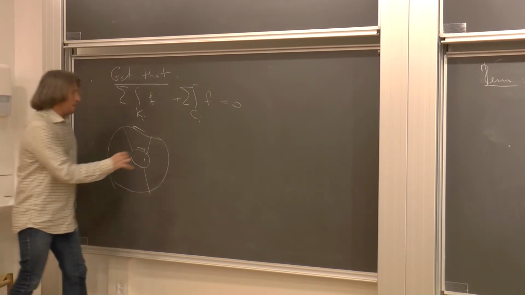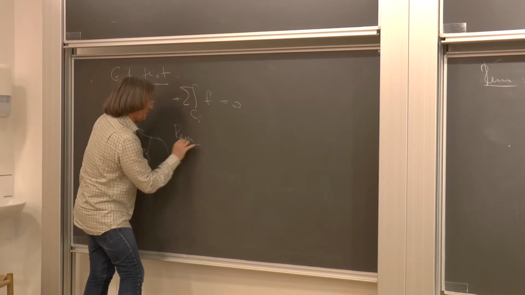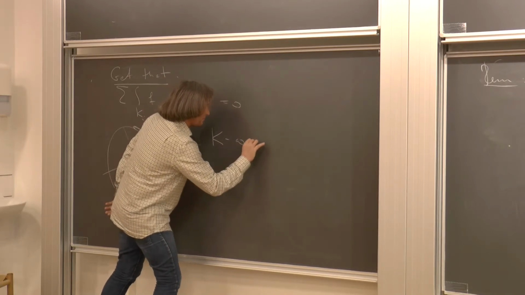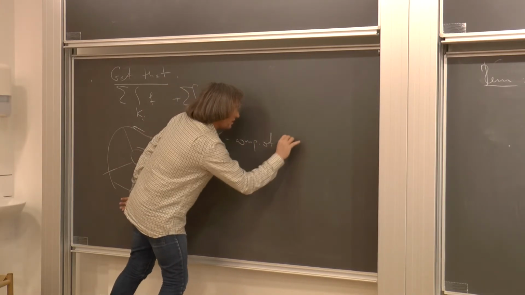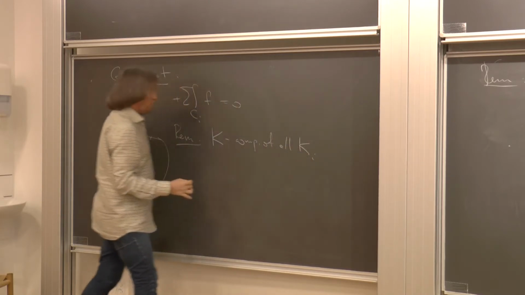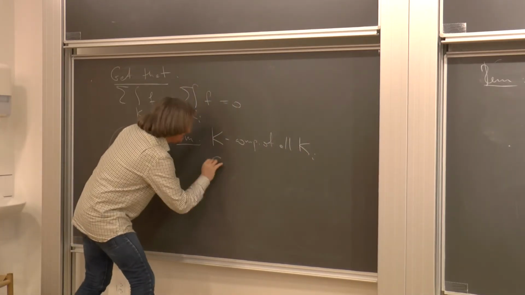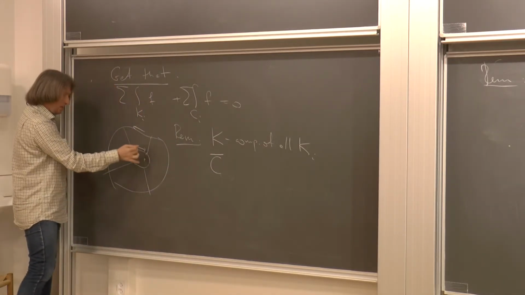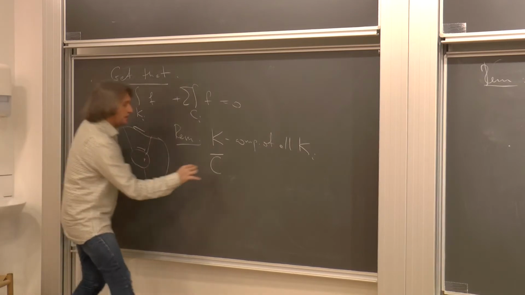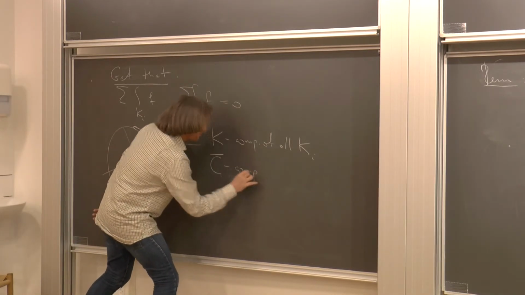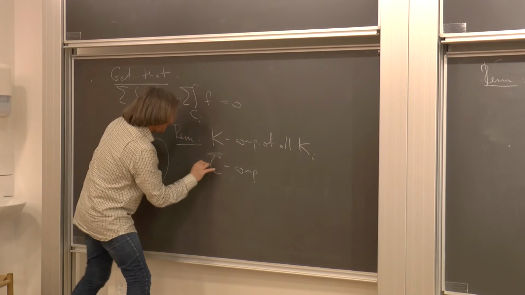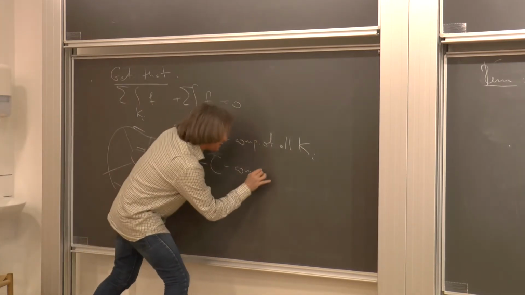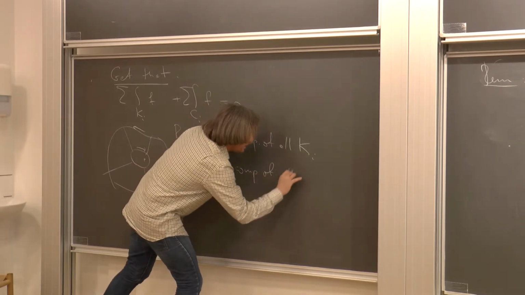So notice that K is a composition of all ki's, but C with opposite orientation, so going around C clockwise, I put the sign here, minus C, is a composition of all Ci.